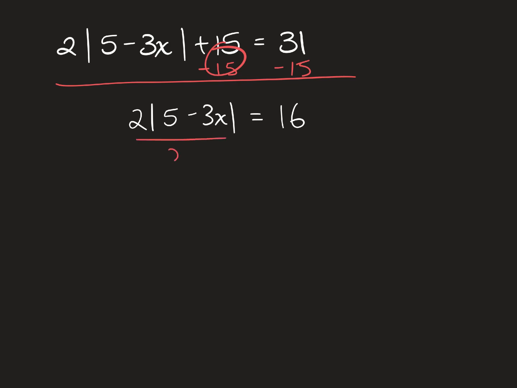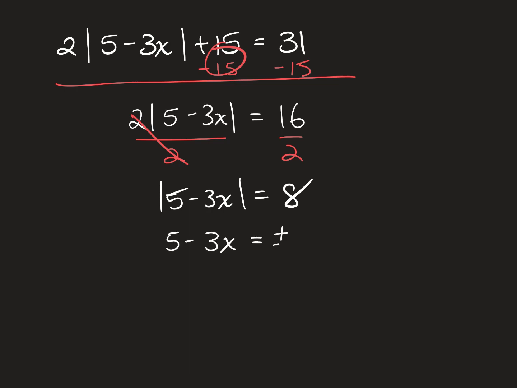Divide by 2, divide by 2. 5 minus 3x equals 8. All right, we're going to undo the absolute value. Don't blink. 5 minus 3x equals plus or minus 8.